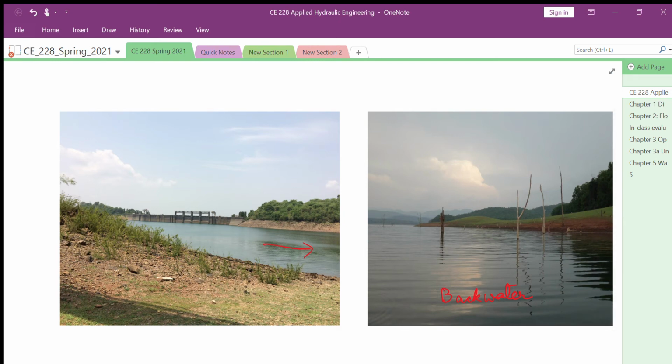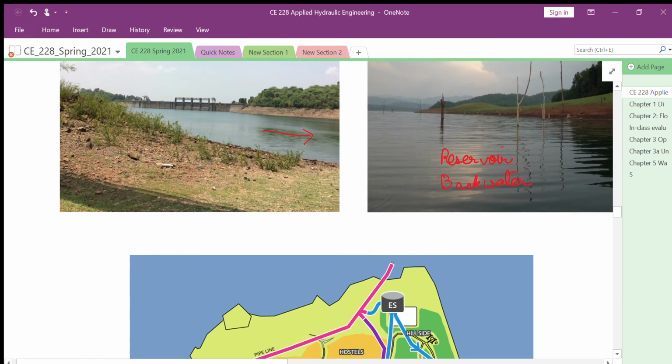Those are the backwaters of the sea. But here we have something called reservoir backwater. Because you had built the reservoir, the depth of water upstream of the reservoir in the river increases, and by how much it increases and for how long, those are the kind of questions that we will be addressing in this course.